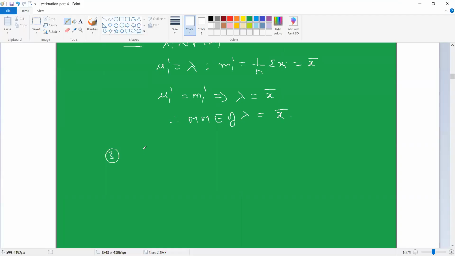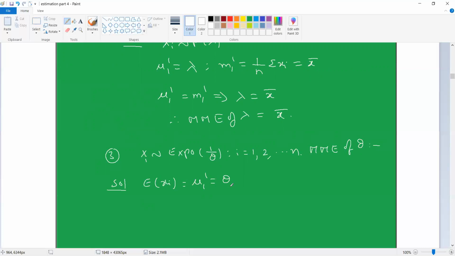Example 3. X follows exponential with parameter 1 by theta, i equal to 1, 2, 3 and so on to n. Find the MME of theta. Solution. E of xi is equal to mu1 dash equal to theta.